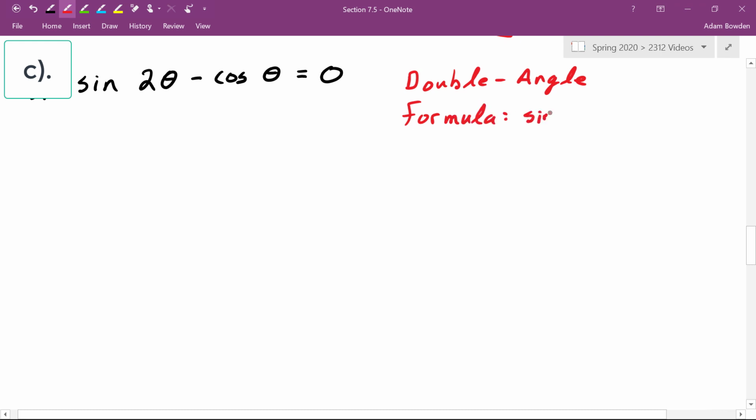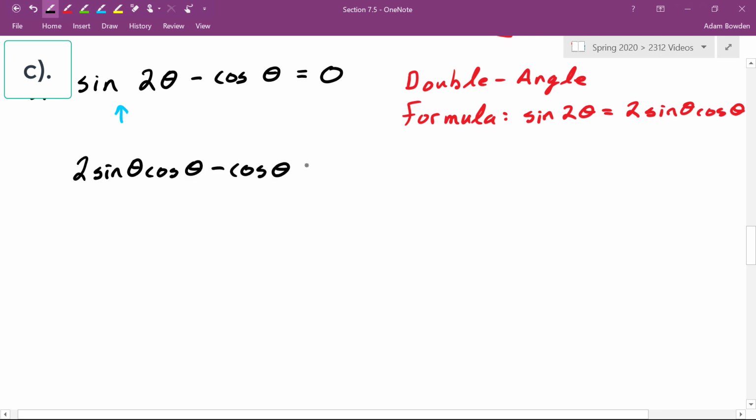So if we go back to that formula, sine of 2 theta is 2 sine theta cosine theta. So it'll be a lot easier to try to solve if I take that sine of 2 theta and replace it with the double angle formula. So we're going to make this equation look like 2 sine theta cosine theta minus cosine theta is equal to 0.